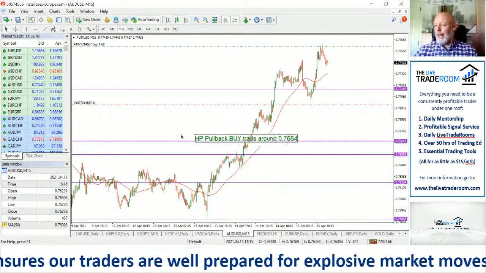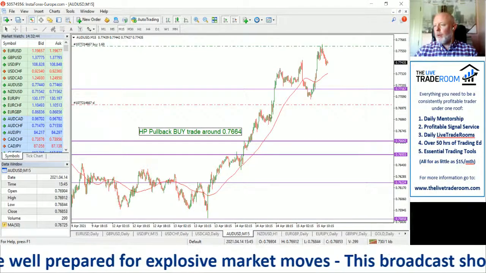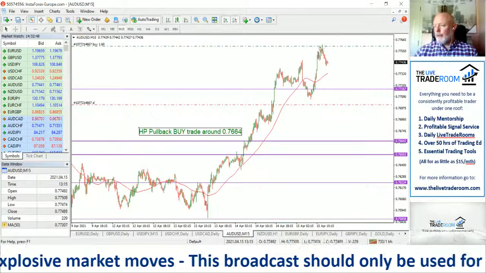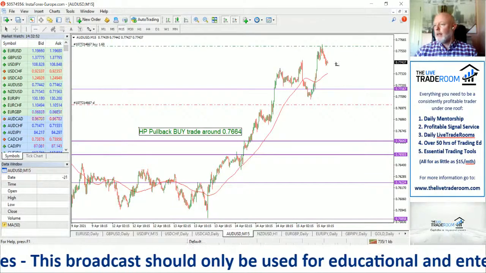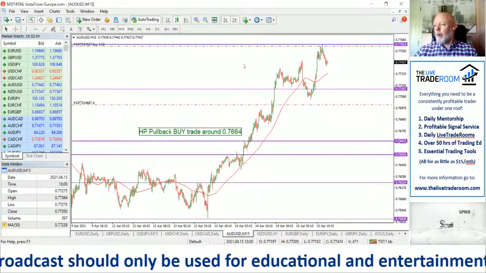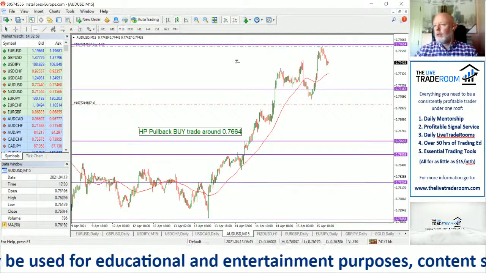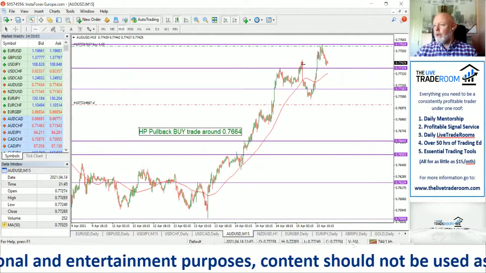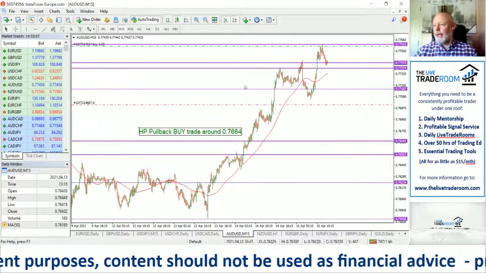We didn't really get that opportunity for the pullback. They were really quite shallow, and then they kicked on to the next level to the upside. So currently just pulling back off the highs. Would expect some buying to come in around these current levels. So in and around this type of zone in here, we could probably expect a little bit of support coming in.